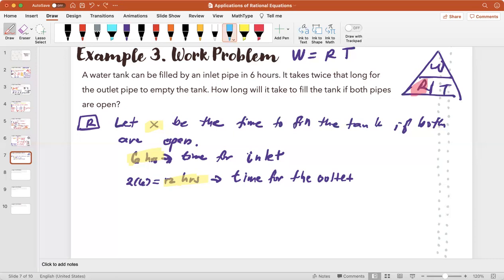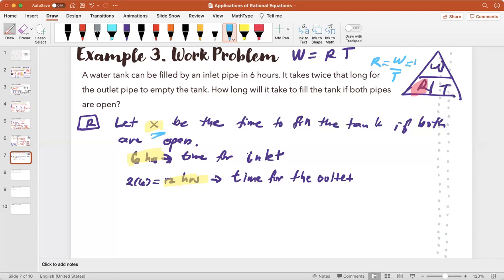Work is the number of work done. How many work is done here? Only one work, and that one work is to fill the tank 100%. So work here is equal to 1. And so the rate for both pipes would be 1 over the time, which is x.